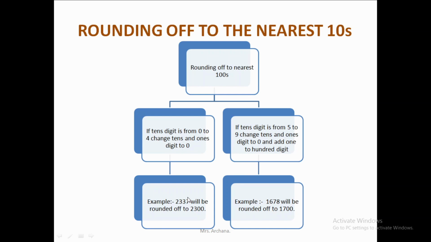As it is 37, and we are going to the nearest 100, it is less than 49. That means it is not 50, so we will make it 00. Here also, if the tens digit is 5 to 9, change the tens and ones digits to 0 and add 1 to the hundreds digit. Here 79 is more than 50, so we will change this one as 700.